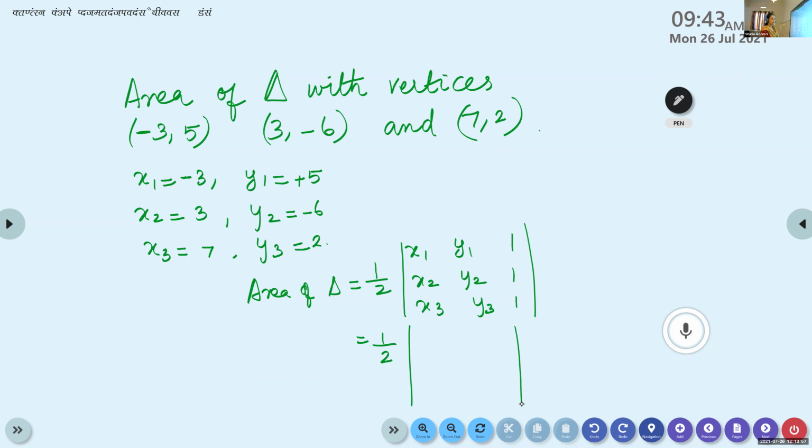Apply the values and evaluate the determinant.